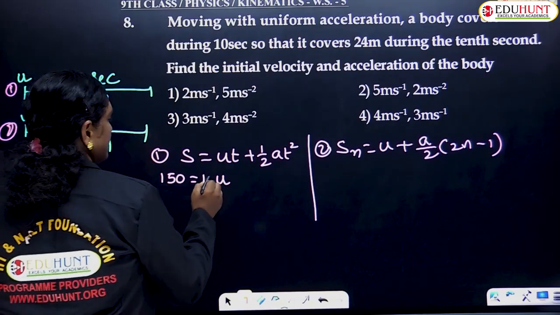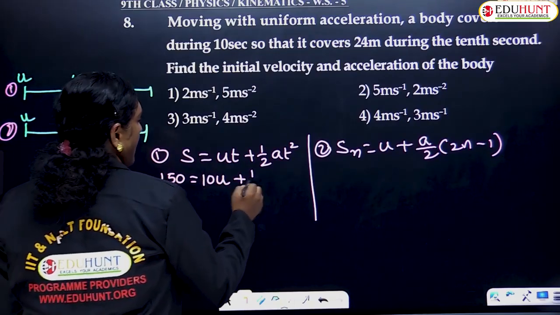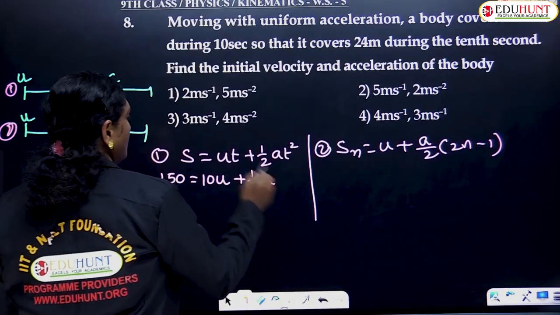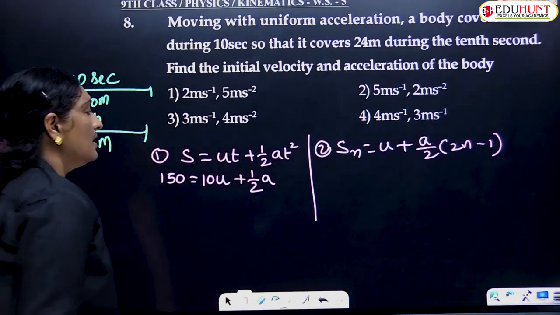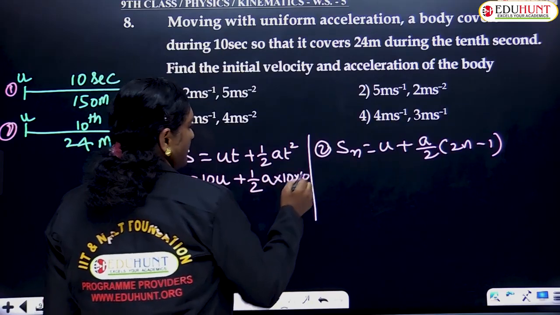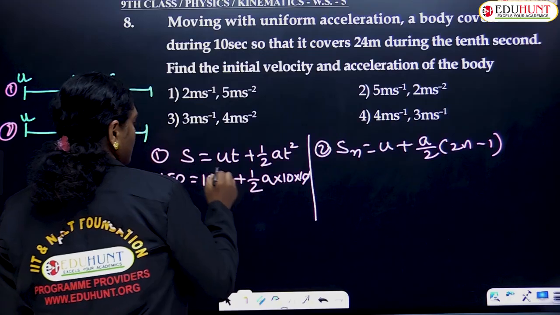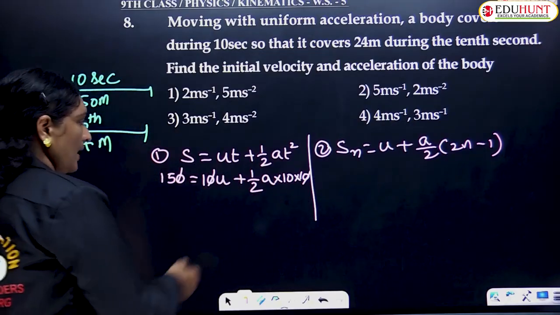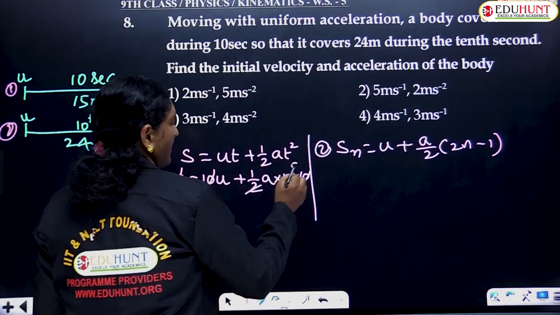Time is given as 10 seconds, so 10u plus half, acceleration unknown, time is 10 seconds. 10 square is 10 into 10, 100. Okay, 10 square.